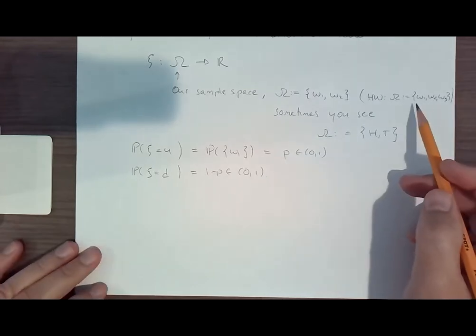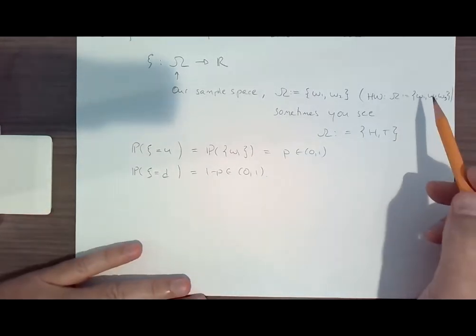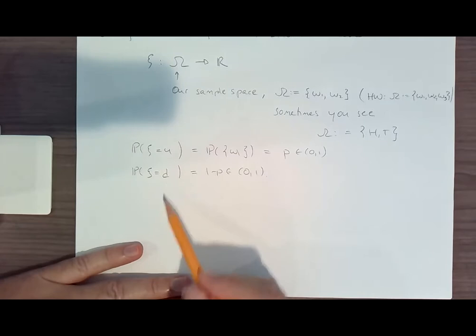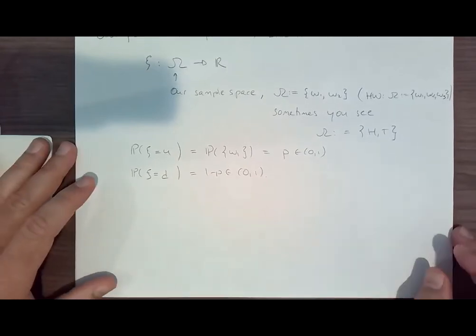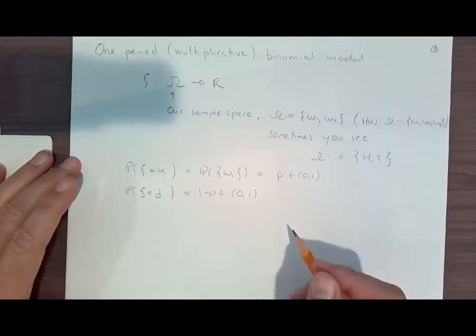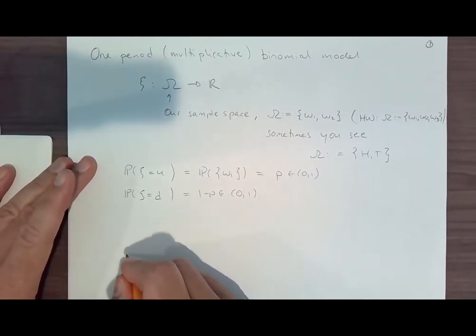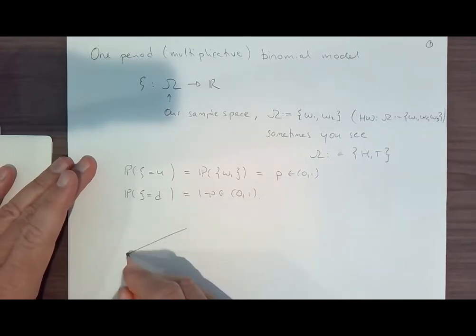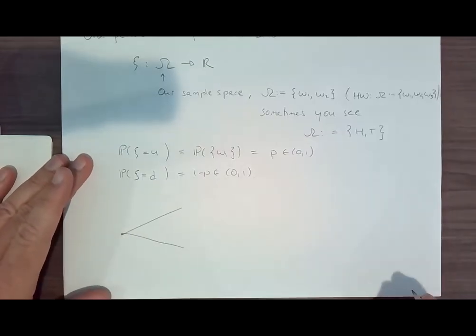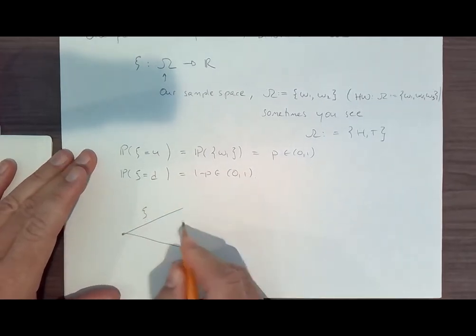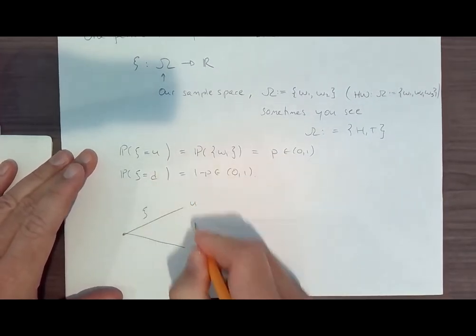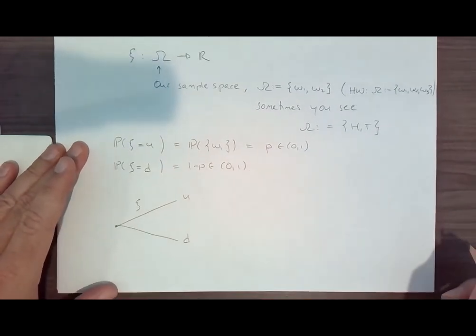And in the homework, there'll be 3 possibilities in one of the problems. So you have u, d, and then a third value, maybe m. The way that we typically illustrate a binomial model is by these trees. This is my random variable psi. It can either be u or it can be d.